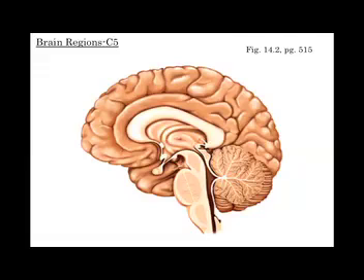I want you to pay close attention to the location. And here's what I want you to do. Don't just say it's here. I want you to use terminology: anterior, posterior, superior, inferior, lateral, medial, deep, superficial. I want you to use those terms to describe the location of these different parts of the brain to one another.